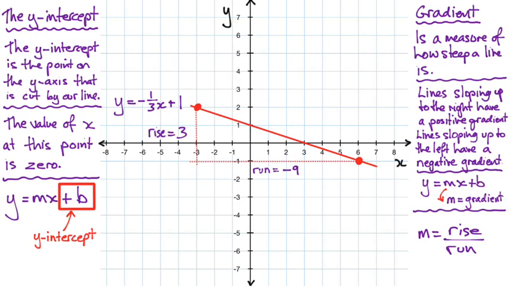It's actually a -9 because it's moving towards the negative numbers. Let's plug those into our rise over run. We get 3 divided by -9, which simplifies down to -1/3, and you can see that that is the same value we had in our equation for m of -1/3.